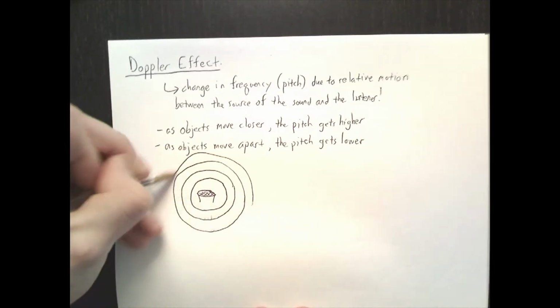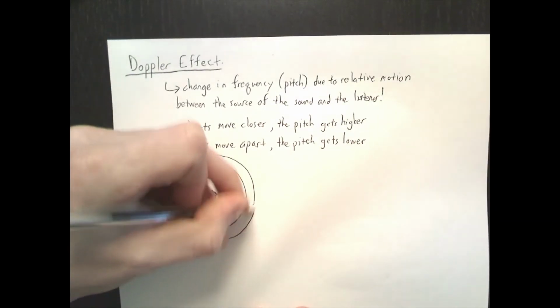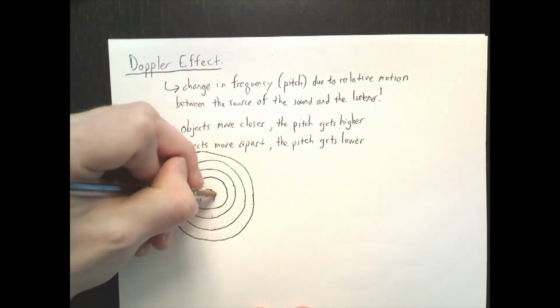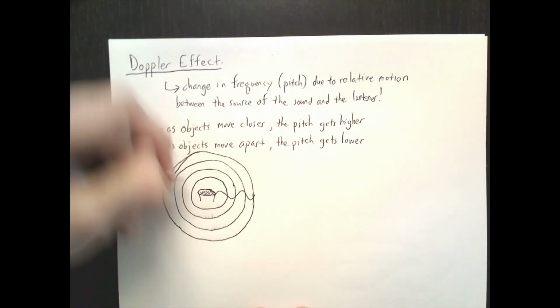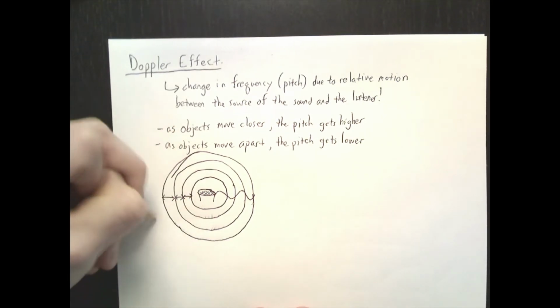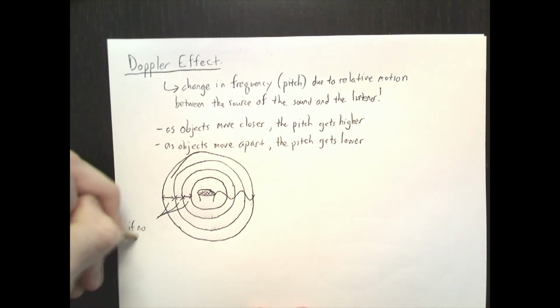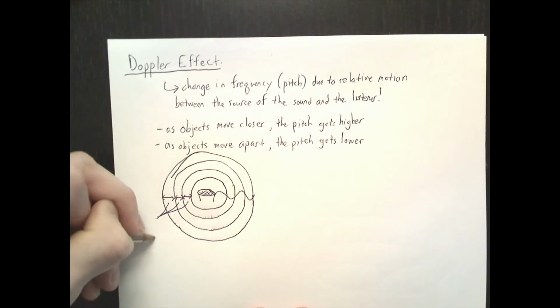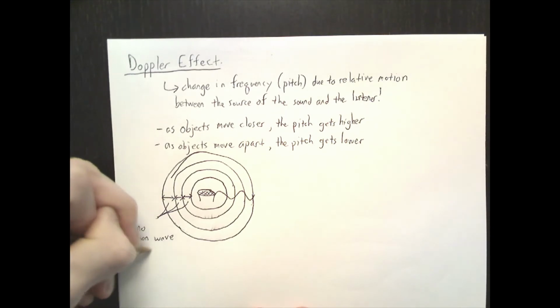We can draw these concentric, imagine that these are all equidistant. I'm a really good drawer. Essentially, the wavelength here, these are all taken to be equal distances, at least they're assumed to be. If no motion, we have equal distances. Wave is unshifted.